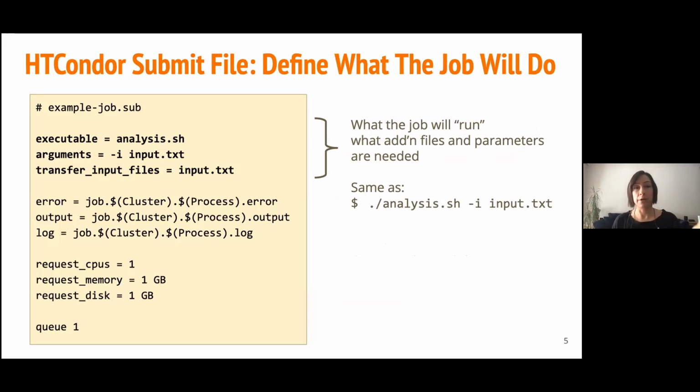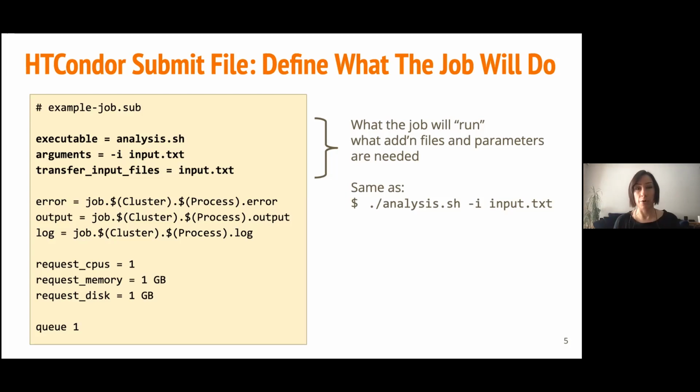In this particular case, we're going to modify how this script runs by including a flag along with specifying an input file that's to be used. And then we have to use transfer input files to tell HTCondor what files are needed in addition to the executable to run this work.